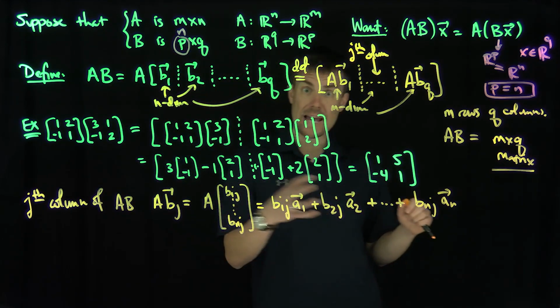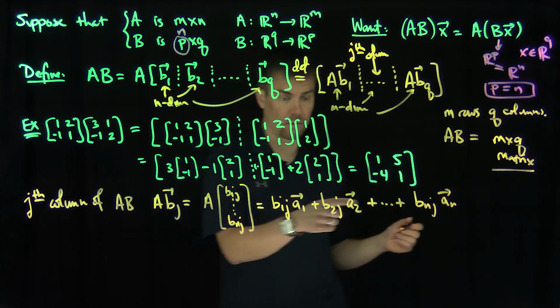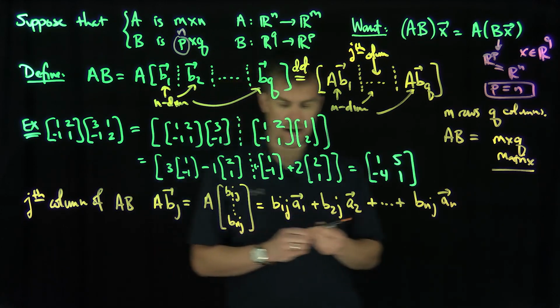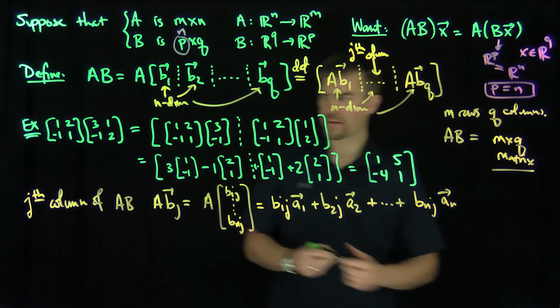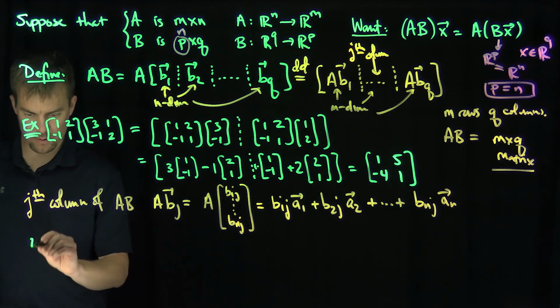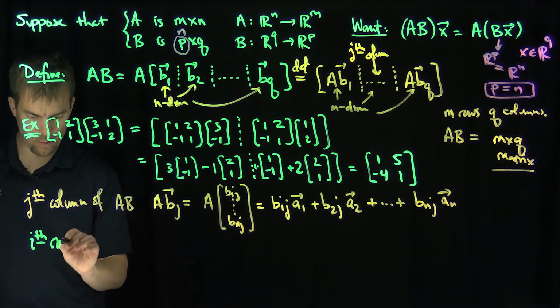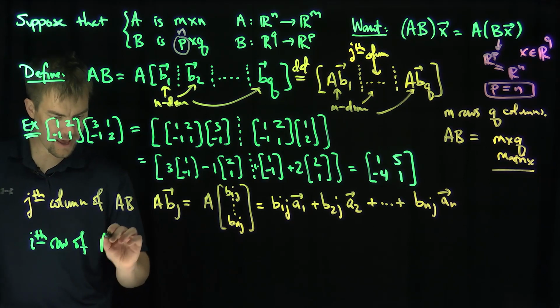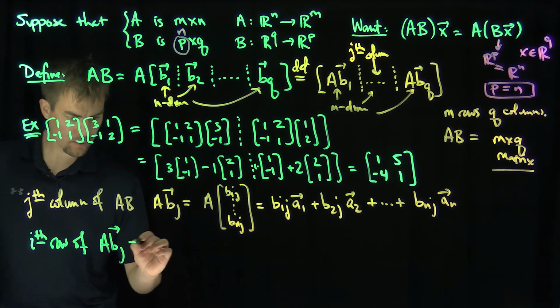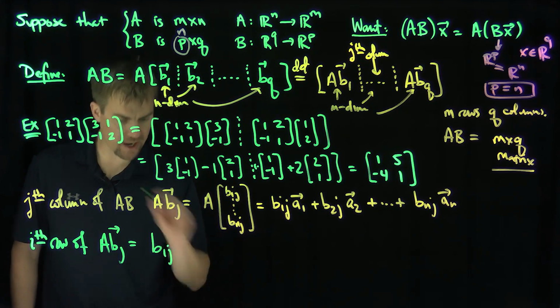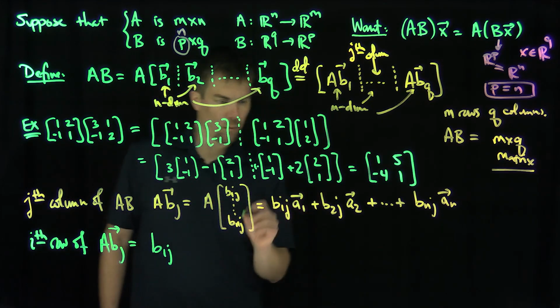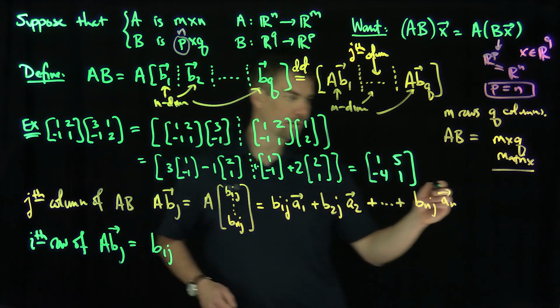Now, if I want to find the ith entry, if I look at the ith row of this thing over here, what will that do? This is the jth column, and now I'm going to look at the ith row of ABj. It's going to be B1j, and then A1, for example, is what?